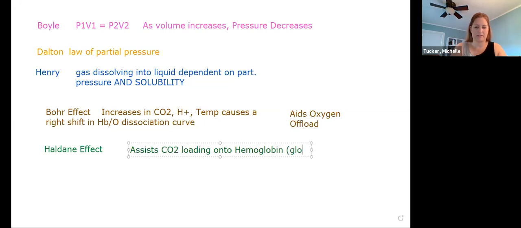And those are the globin chains. Of these that are on the board, these top four, we talked a lot about. You will see them in one shape or another. The most you would see of Haldane is that it assists carbon dioxide loading onto hemoglobin or CO2 unloading from the tissues.